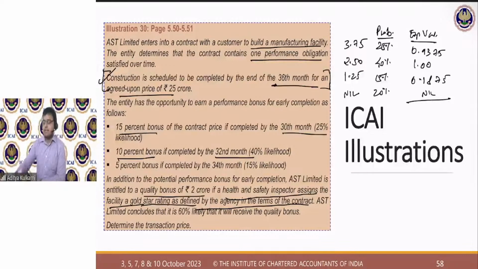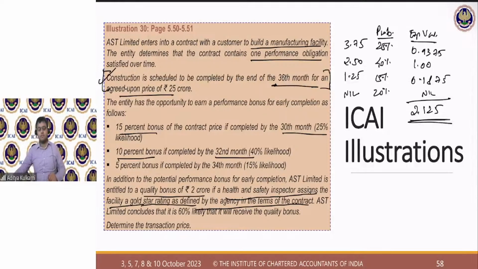So 0.9375 plus 1 plus 0.1875, 2.125 is the bonus that you can include in the transaction price if they are not subjected to constraints.